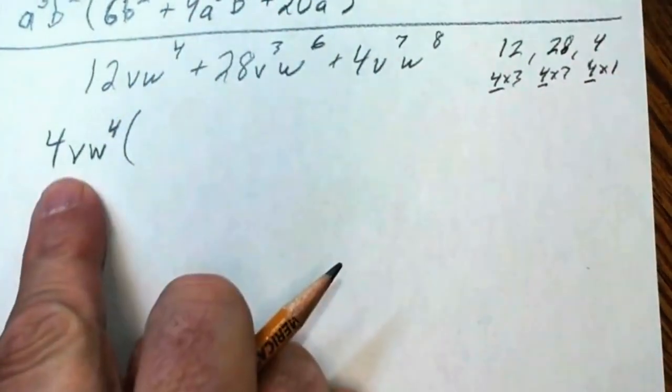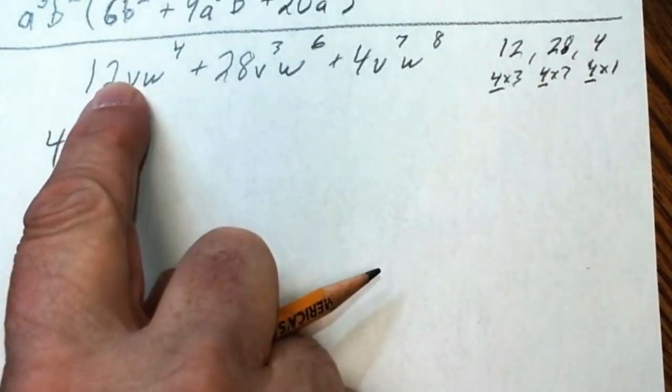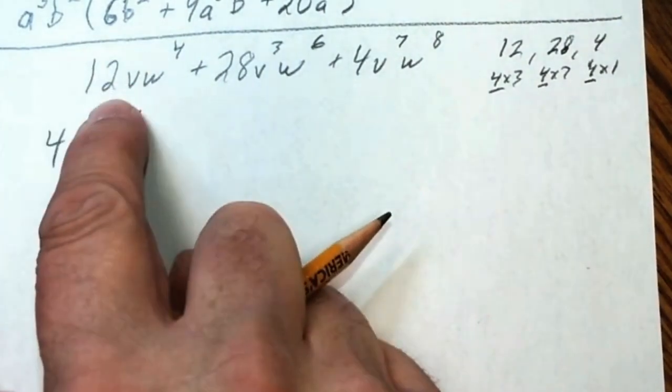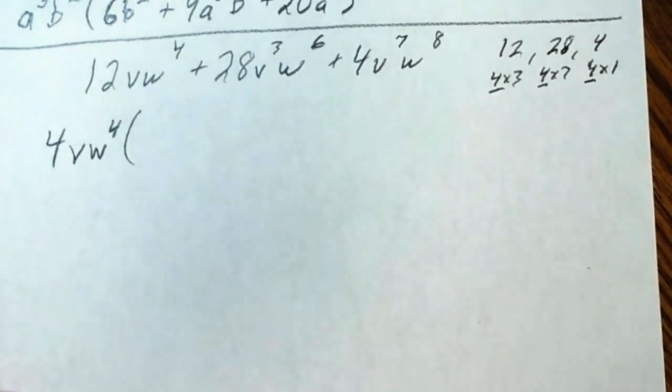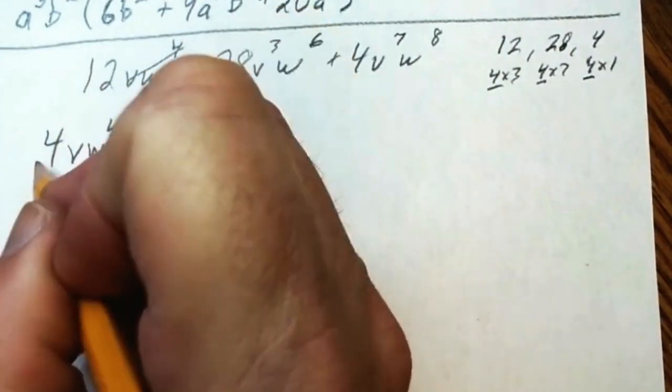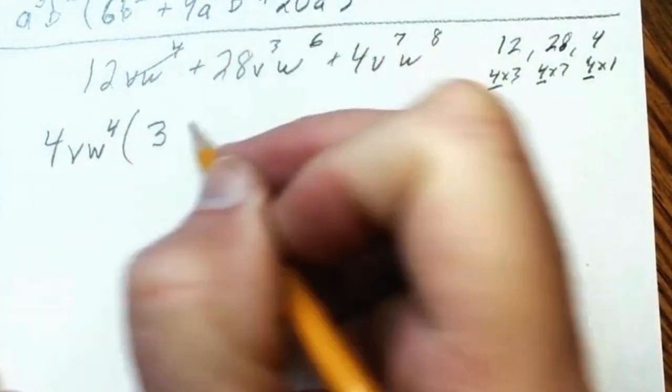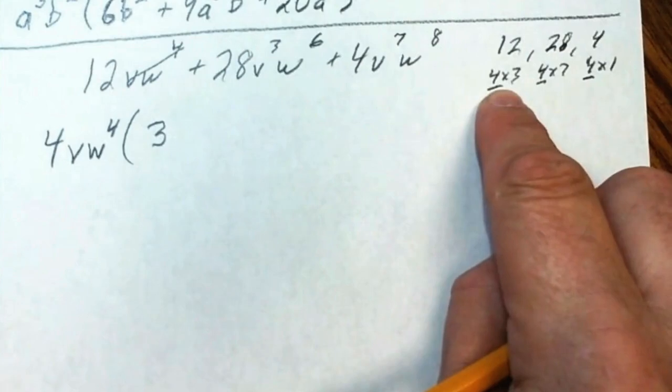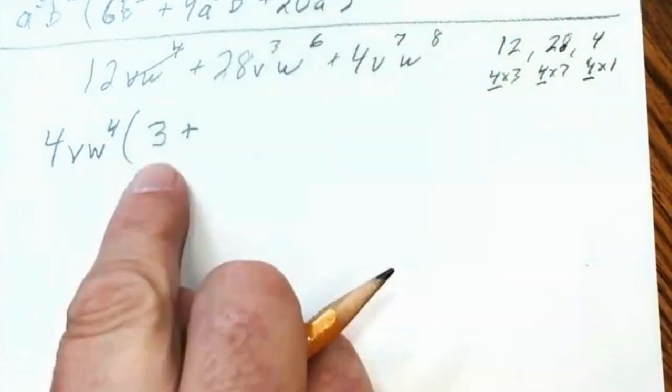So now we have to look what's left when we factor out 4 VW to the fourth from 12 VW to the fourth. Oh, the VW to the fourth are all factored out. And we factored 4 out, so that means there's a 3 left because it was 3 times 4. So that's the first term.